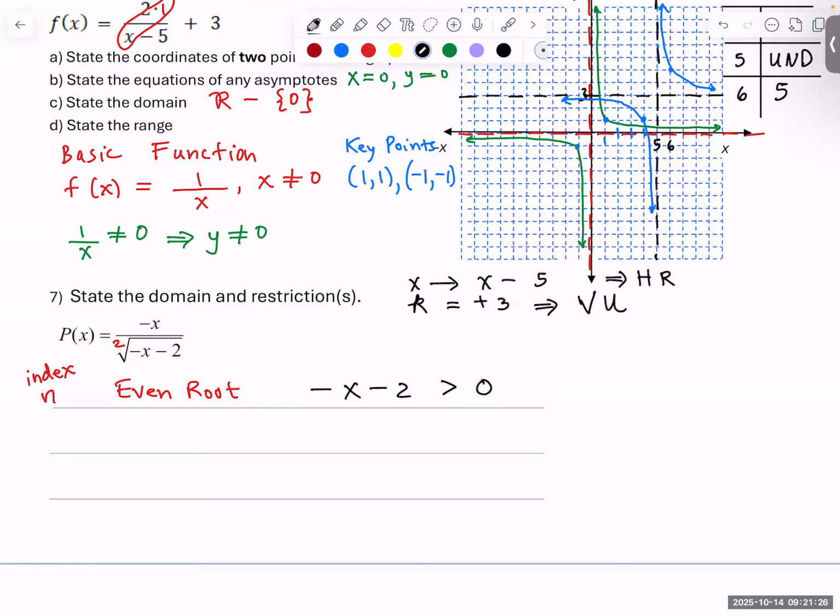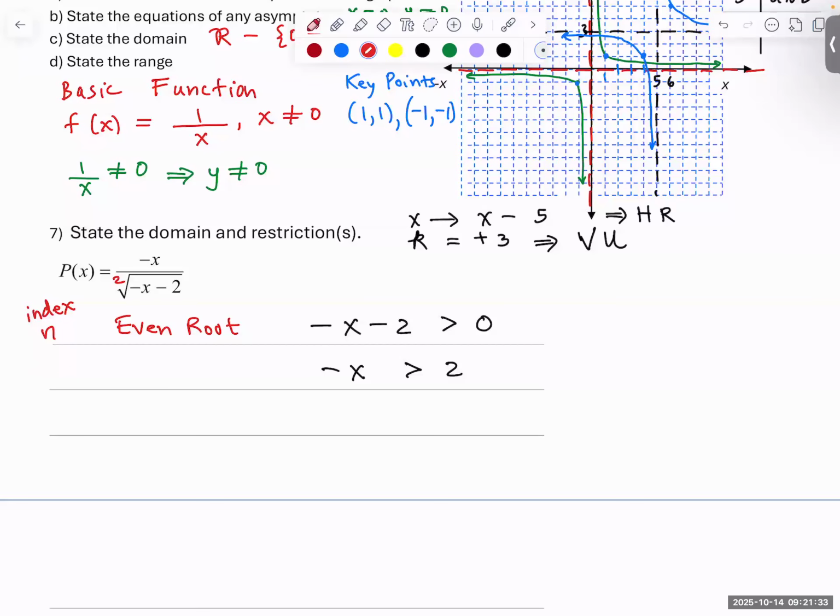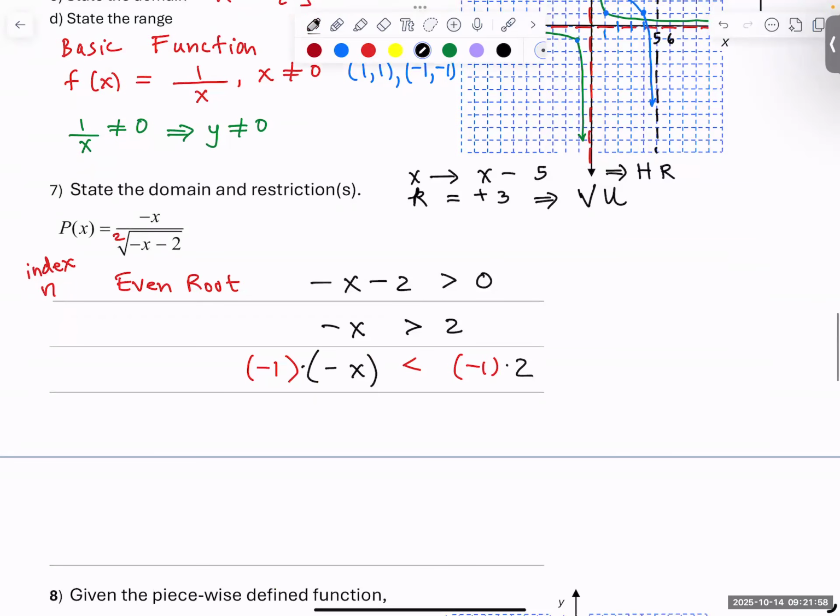Now we solve to find the restriction on x. To solve for x, let's add 2 to both sides. And in the next step, because we're going to multiply by -1, you have to do that in a separate step because we're multiplying both sides by a negative number and reversing the inequality symbol. So times -x, reverse the symbol, and -1 times +2.